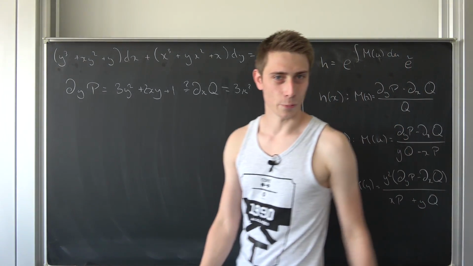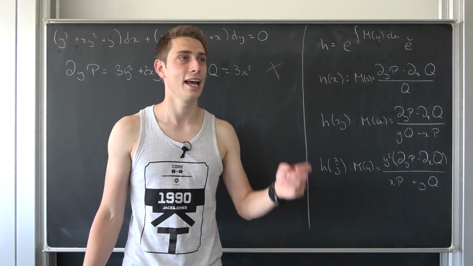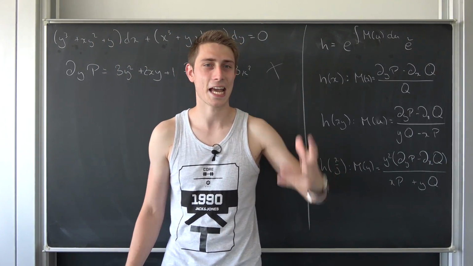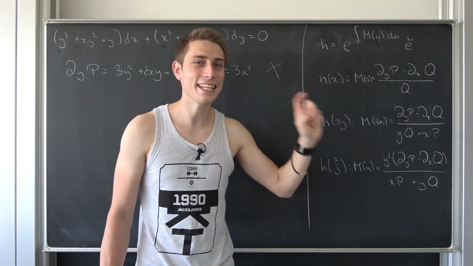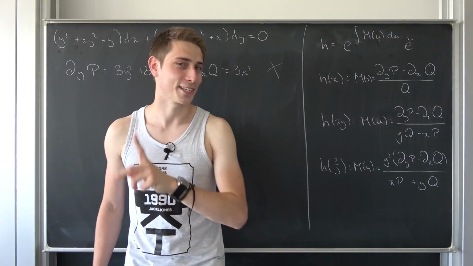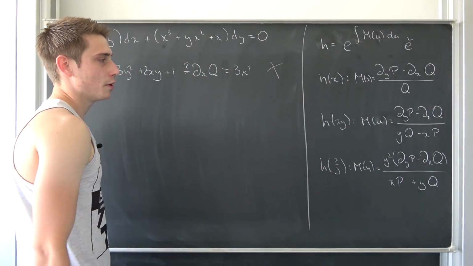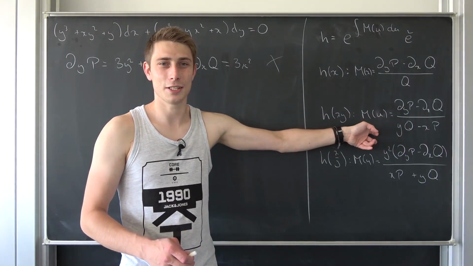This is the reason why we have to take a look at integrating factors. It's an integrating factor, okay? We're going to take a look at m of u. It might seem counterintuitive why we should use this right now.